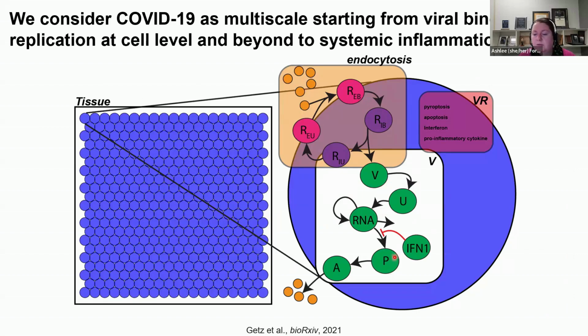They can replicate, infect the cell and change aspects of the cell, and then eventually be released from the cells. And these orange virions can then spread through the domain, and we use PDEs to describe their movement. So this viral binding and replication is at the intracellular level.